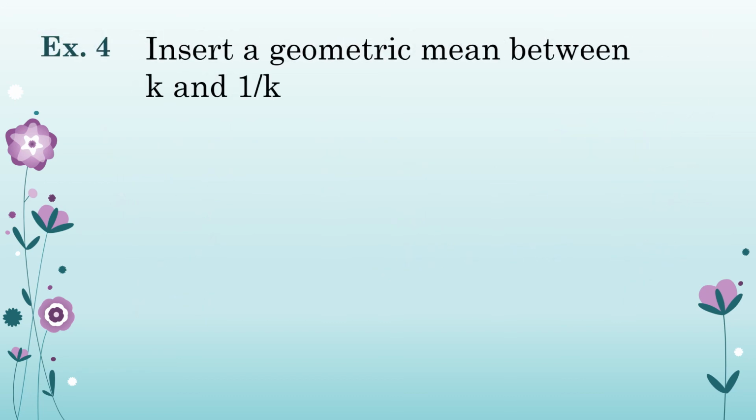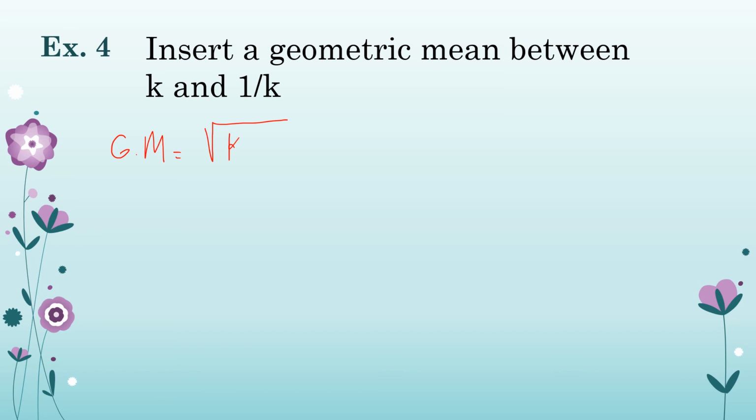Let's have the last example. In this case, let us apply the concept we had in example number 3. Insert a geometric mean between k and 1 over k. Here, we don't need to find the common ratio. We can immediately find the geometric mean by getting the square root of the two terms.